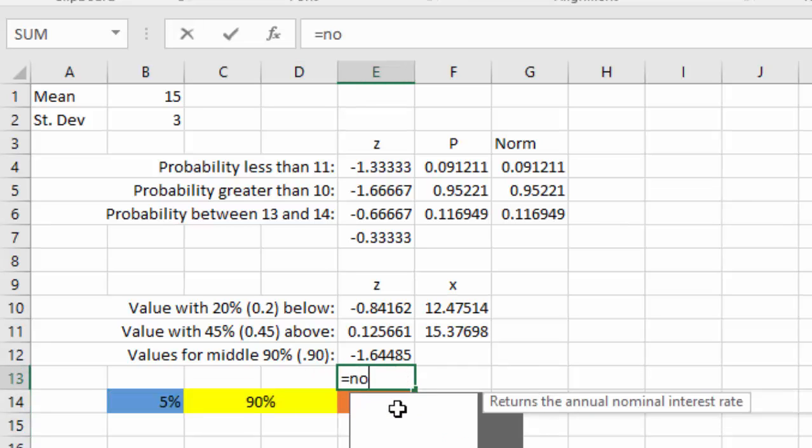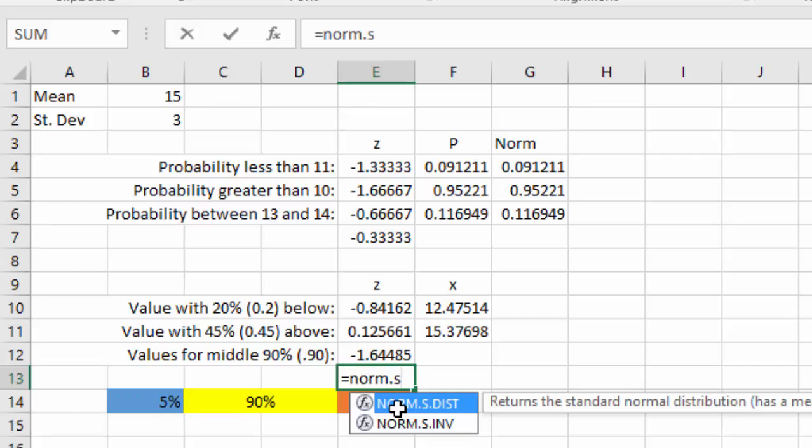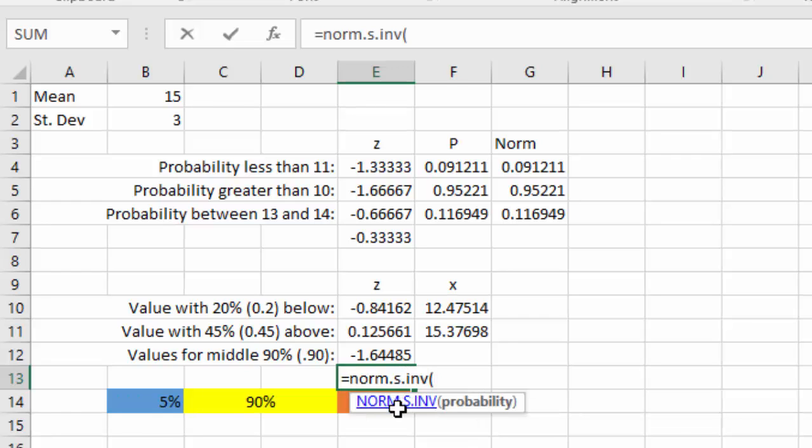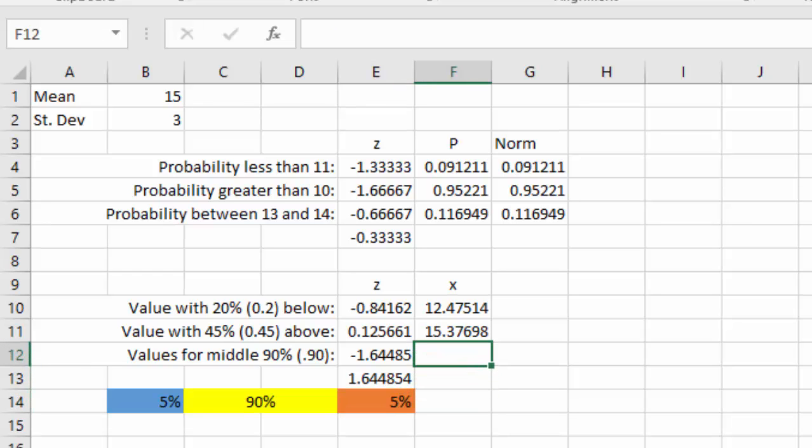So we'll do equals norm dot s dot inverse. The probability now is 0.95, and we find it's the opposite, 1.64, is the other z-value. There's two z-values when we want to be between a number, between negative 1.6 and positive 1.6.